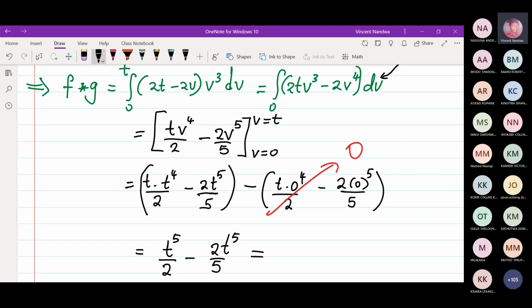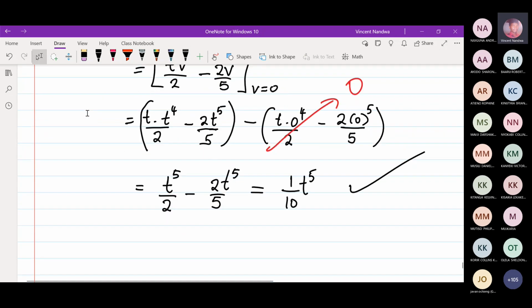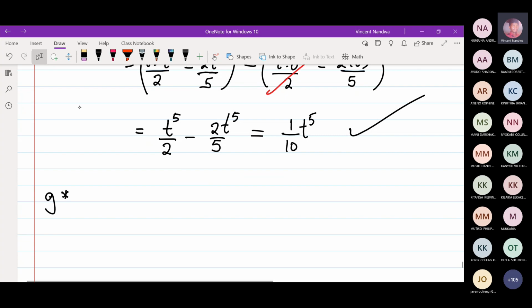When you put this together, add those two fractions, you get 1 over 10 t power 5, correct. So that is one way. Then the second case is now to define the convolution of g and f, whose definition will be the integral from 0 to t of g of t minus v times f of v dv.